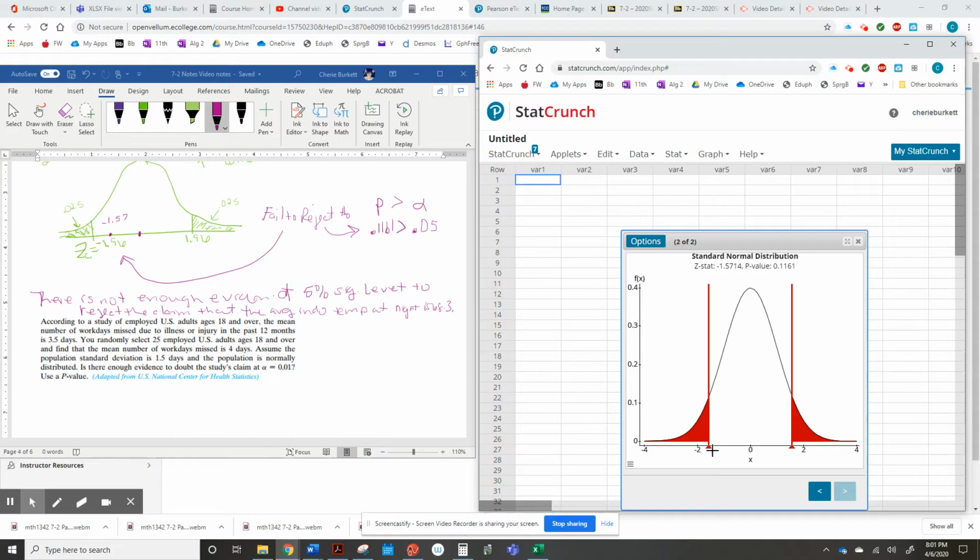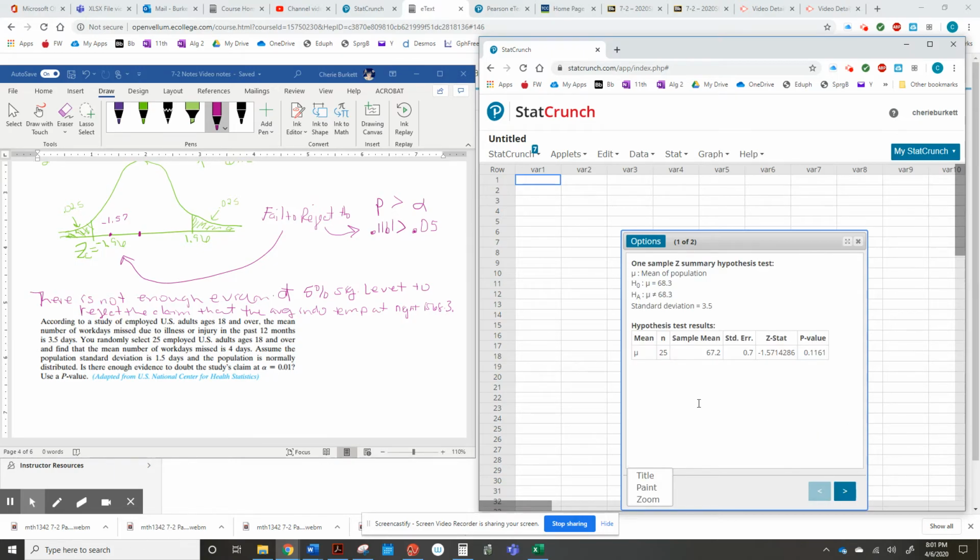So again, we could see that this right here is not going to be in that original rejection region. You may like to see that right there. Then again, you may not. May be better to look at it over here. Okay, so that's how you use StatCrunch.